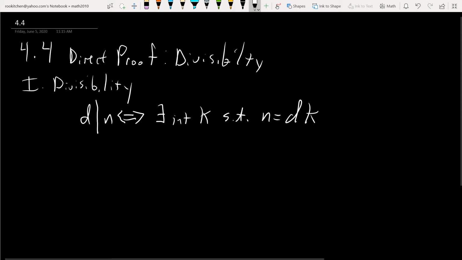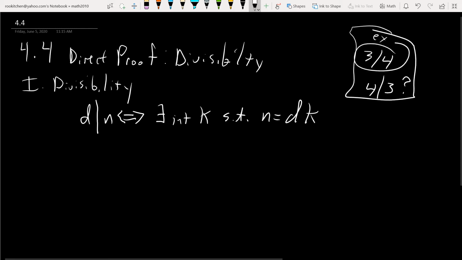This notation is a little bit weird because usually we'll write, for example, 3 divided by 4, and this is in the other order. So it's more like you're saying, does 4 divide 3? It's confusing at first if you've had this notation pounded into your head. It's not the same thing, so just be aware of that.